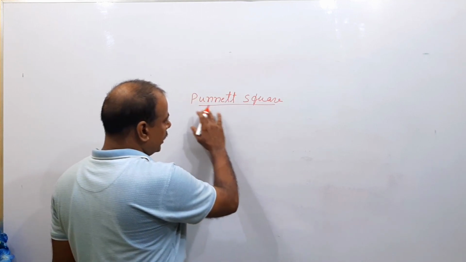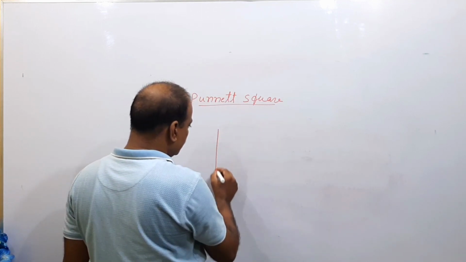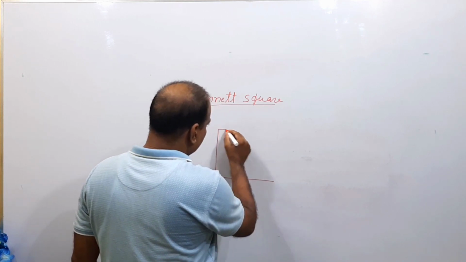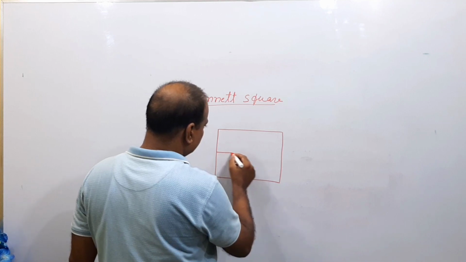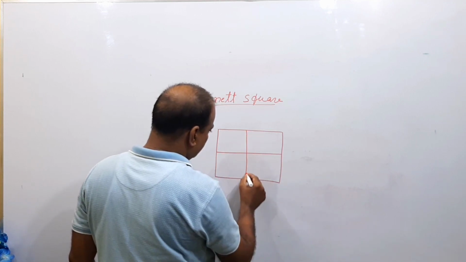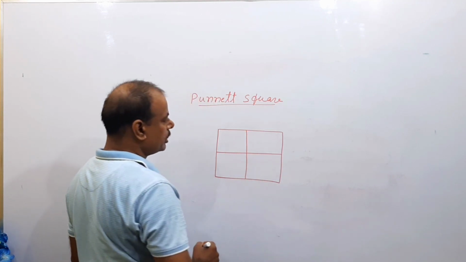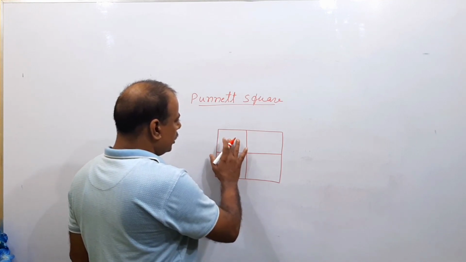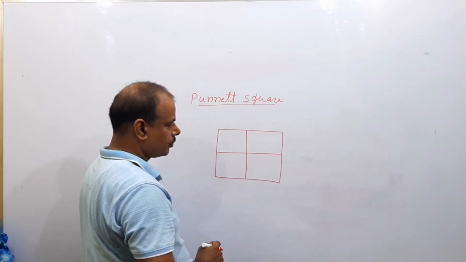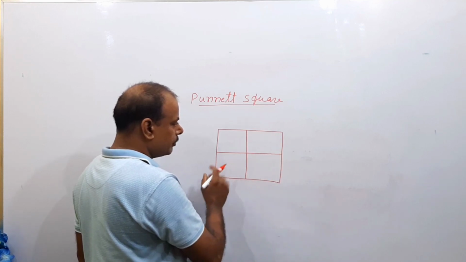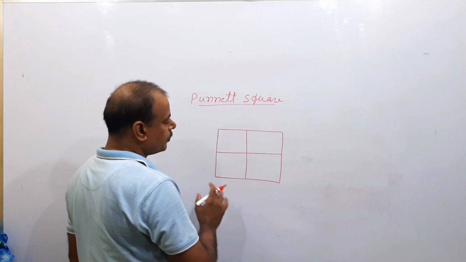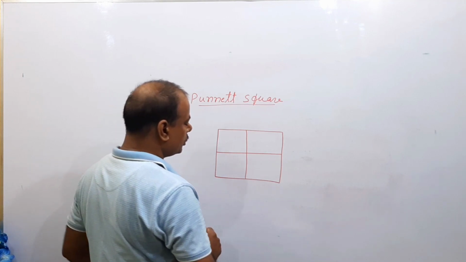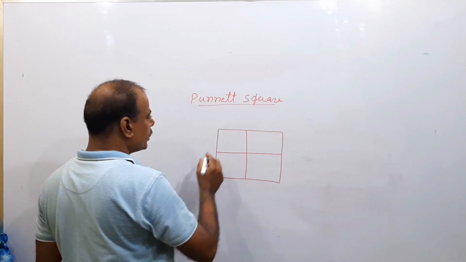It was first proposed by Punnett, and therefore it is known as Punnett square. Here suppose it is a Punnett square. Here in a big square there are 4 subsquares. It is for the study of a monohybrid cross.